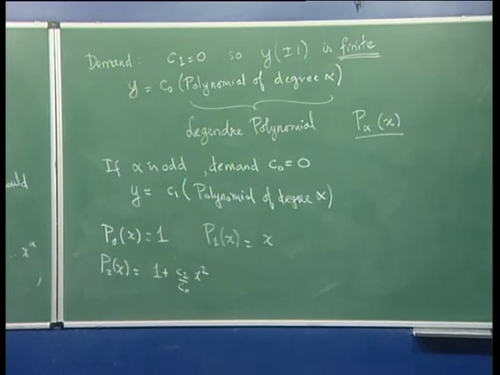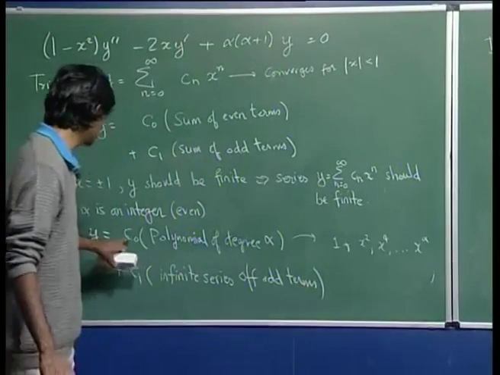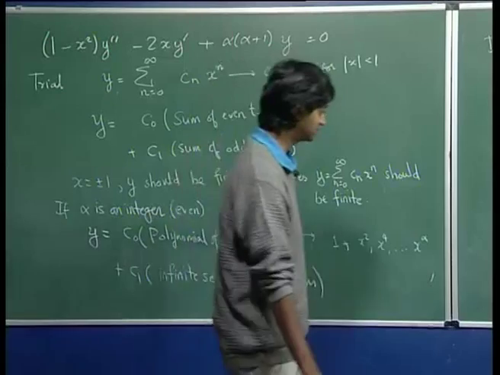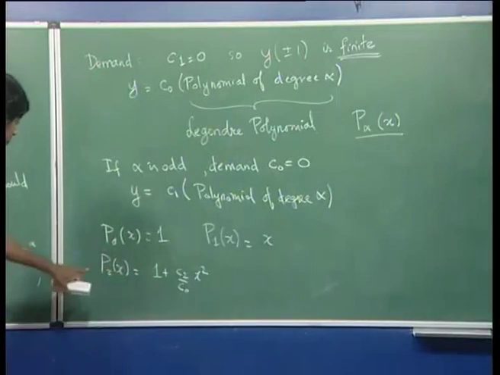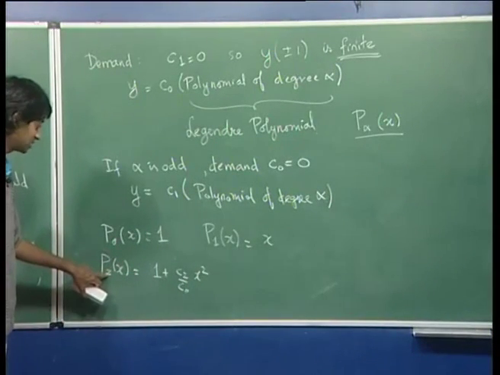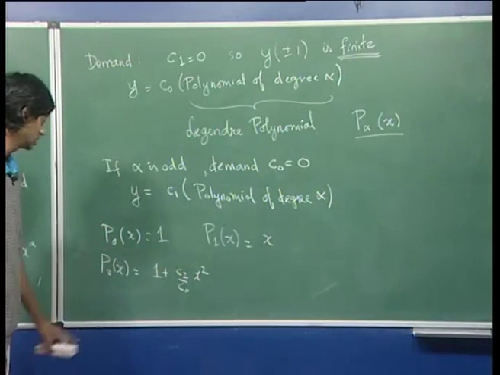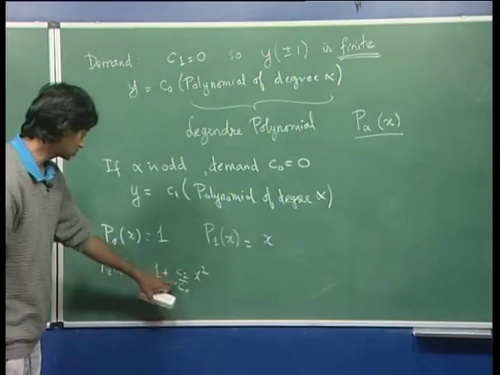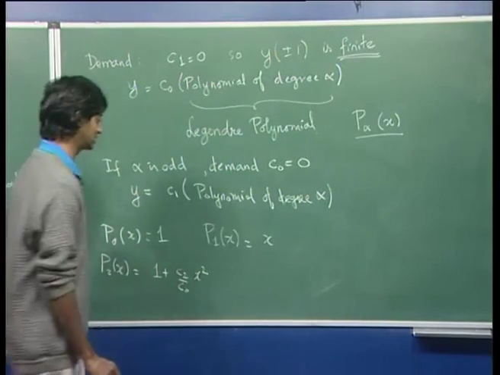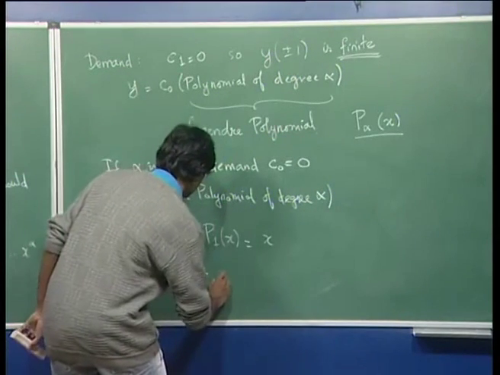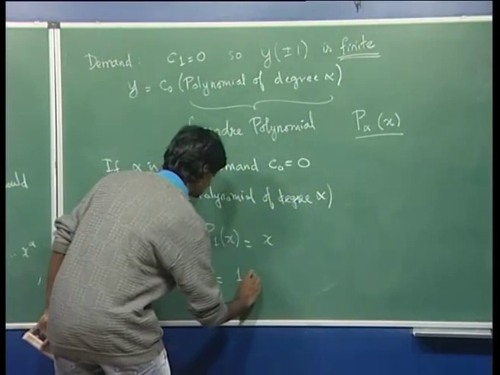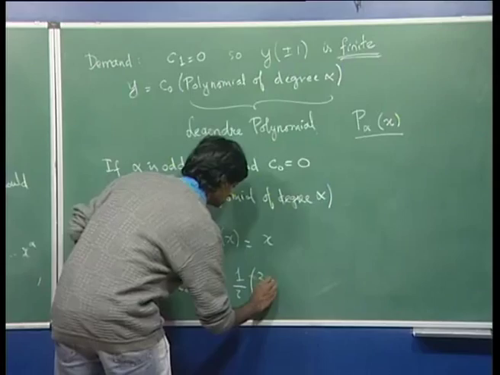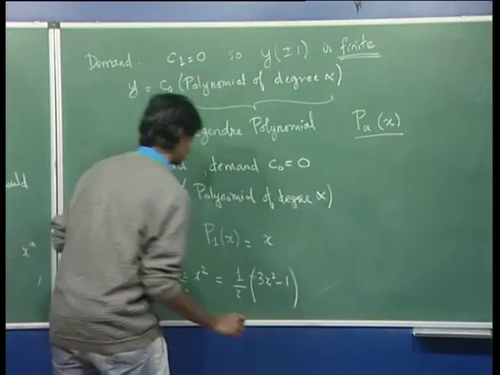What I did is I wrote y is C0 times a polynomial of degree alpha. Now, if this polynomial truncates at 2, since alpha equals 2, this polynomial will end at 2. So, P2 is of this form. What you need is C2 by C0, and this works out to half of 3x square minus 1.